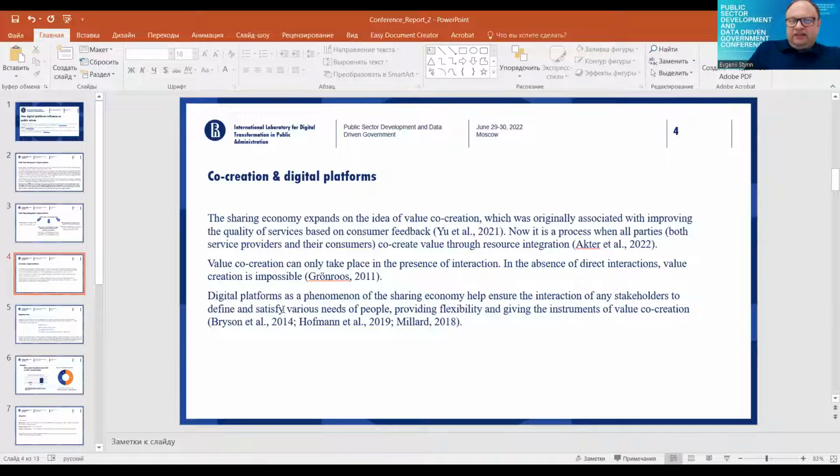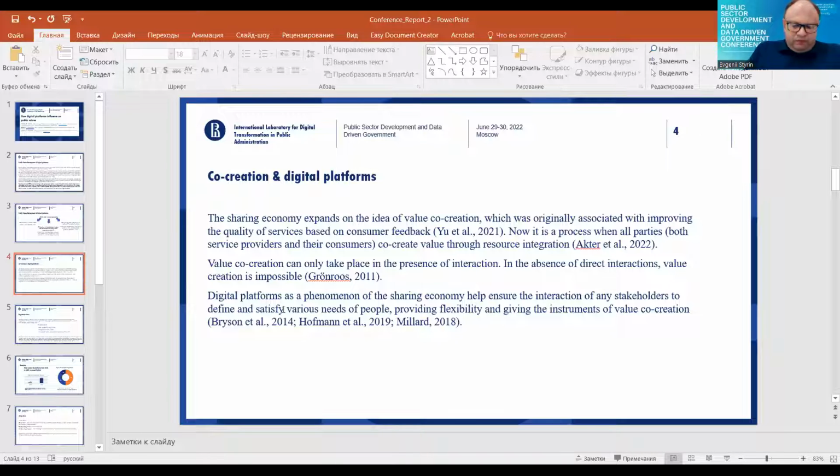One of the ideas related to digital platforms is co-creation. The process when value, now with digital technologies or work on digital platforms, is not only about the fact that only one service provider creates some value for the customer or for the client. It's not completely true. It happens by cooperation of different actors, both in value creation and also in the real result consumption.